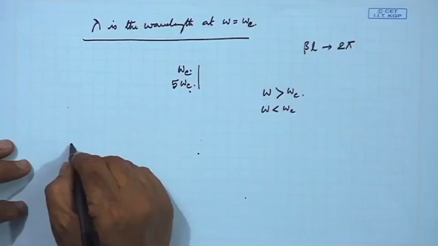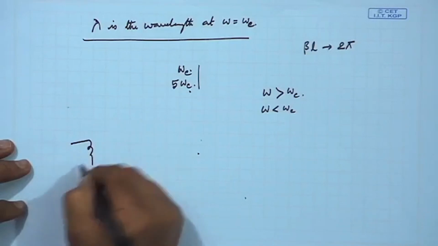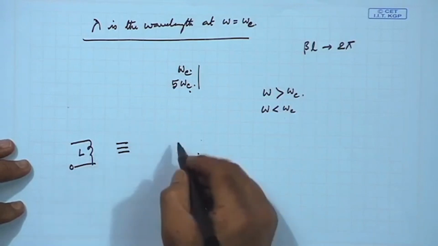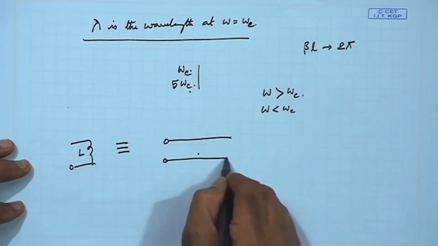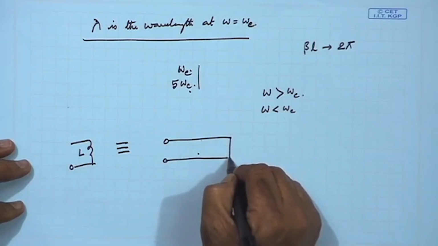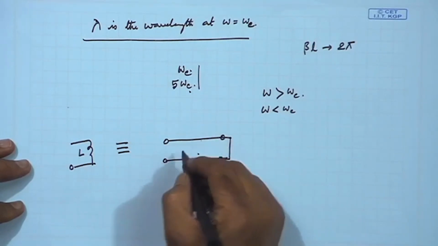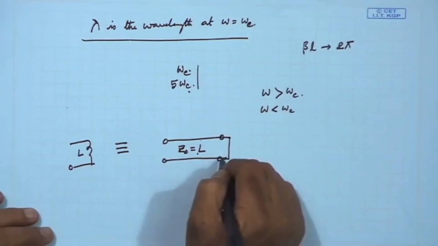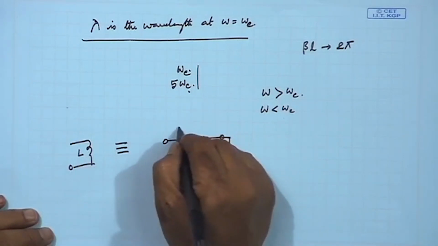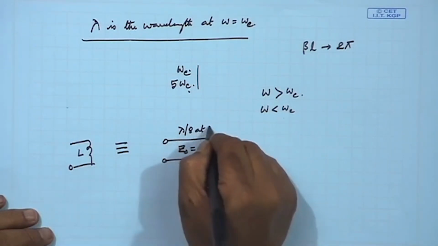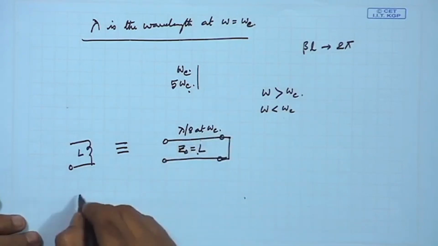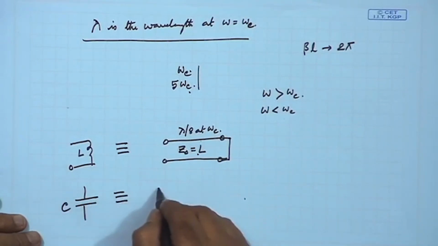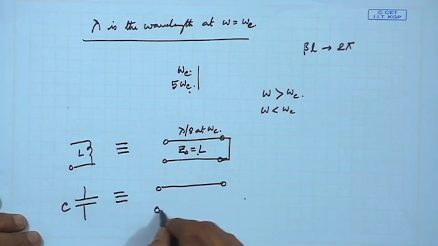So, now we can say that by Richards transformation, in the low pass filter, if there was an inductance L, you can represent it in a distributed circuit by a shorted stub. You take the characteristic impedance of the transmission line as L, the same value, and it is lambda by 8 in length at omega c. Similarly, a capacitor of value C, with Richards transformation again the length is the same.